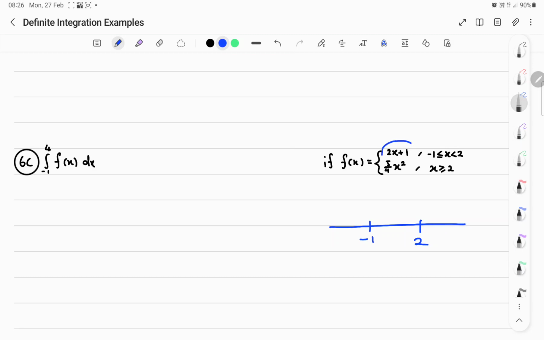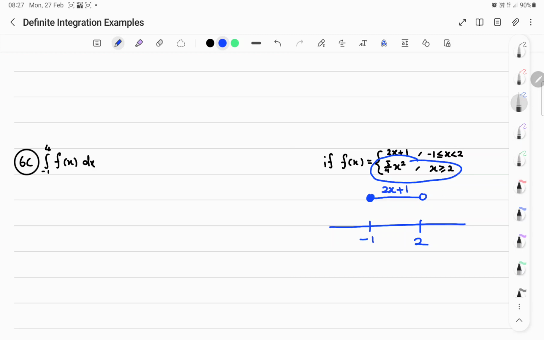Okay, let's represent the first function over here. The first function 2x plus 1 lies from minus 1 to 2. Minus 1 is included and 2 is not. So this is at 2x plus 1. Let's represent the second one over here.